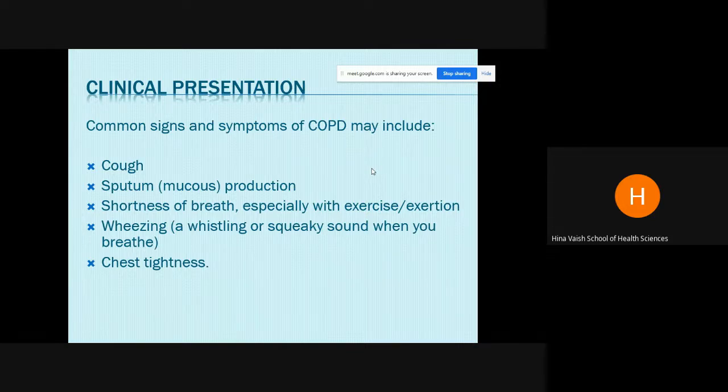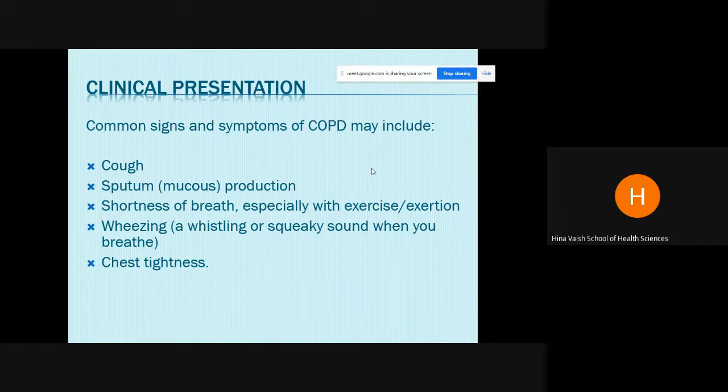So, when we talk of the clinical presentation of the patients with COPD, the signs and symptoms which the patient brings up are that they have a lot of cough, they have sputum production, then they will have a lot of breathlessness and shortness of breath, especially with exertion. At rest, in initial stages, they may not report any breathlessness.